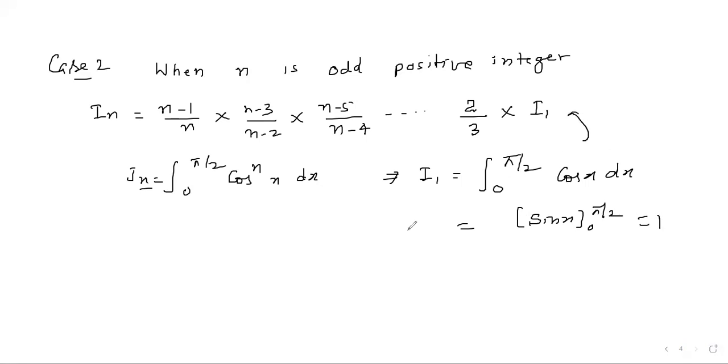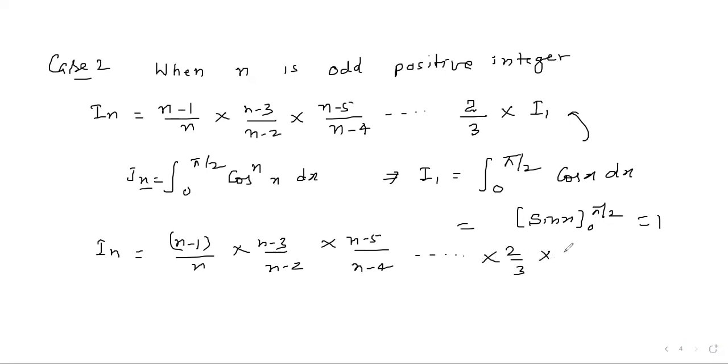So here we can put 1. So we will get I_n equal to (n minus 1) upon n into (n minus 3) upon (n minus 2) into (n minus 5) upon (n minus 4) dot dot dot into 2 by 3 into 1. So we have got the relation for the two cases, and this is called Wallis's formula for cos power n x.